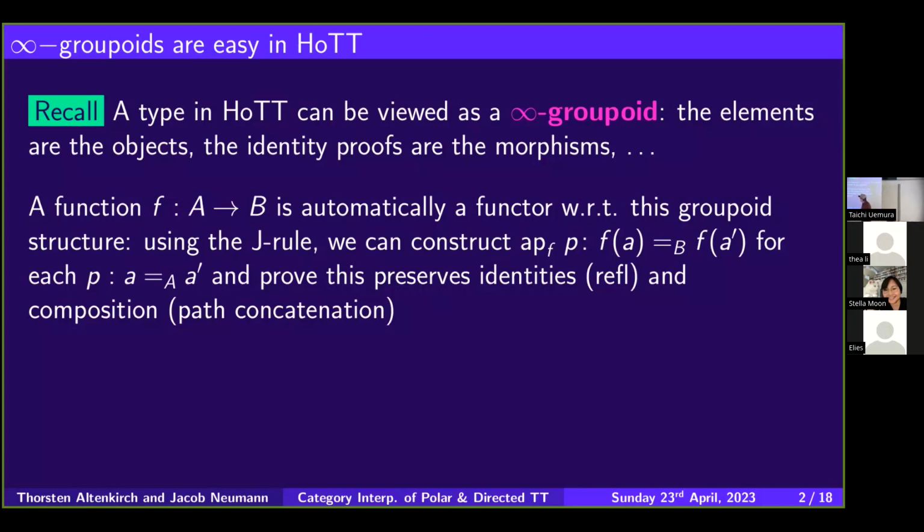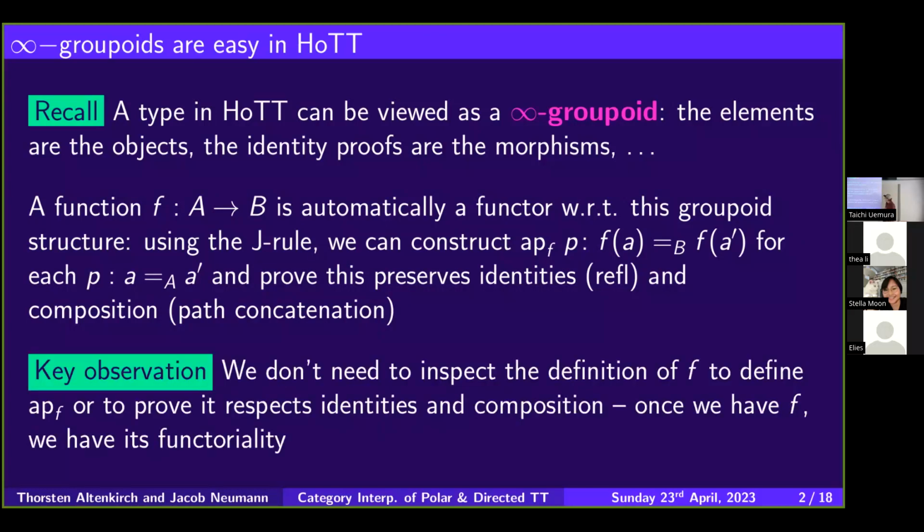You can prove using path induction, or the J rule, this standard thing with applying F to get the morphism part of this functor, and you can easily prove that it preserves identities, which is refl, and composition, which is path concatenation. The point I want to make is that you don't have to inspect the definition of F to do this, and you don't have to do this by hand.